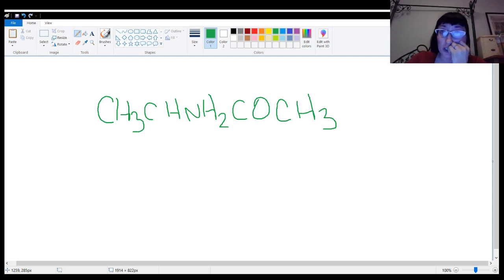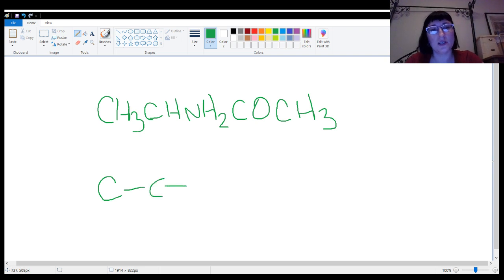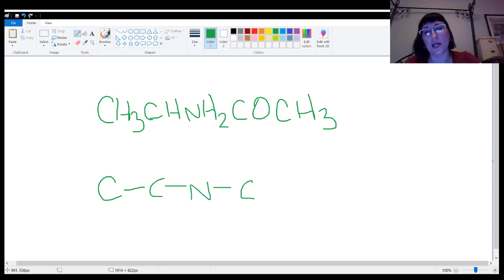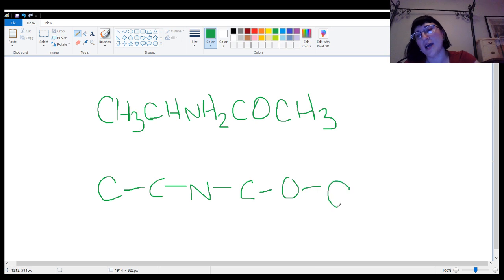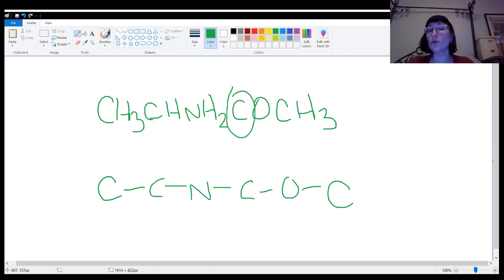So intuitively, and your book does talk about this a little bit, I think it's in chapter 1, you might want to go across and just connect the things that aren't hydrogens. And that would be incorrect. If you do that, this carbon that I just circled wouldn't have 4 bonds on it, and that would be problematic.